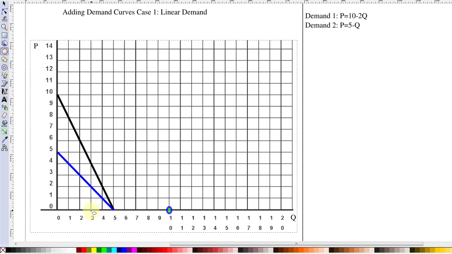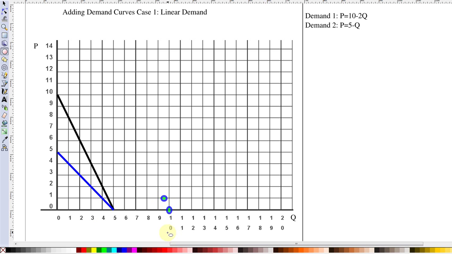Now let's go up to a price of $1. At a price of $1, the blue line says people will want to buy 4 units. The black line says the first group of people are going to want to buy 4.5 units. And so the total quantity demanded at a price of $1 has to be 4 plus 4.5, or 9.5 units. So I'll put a little dot there.